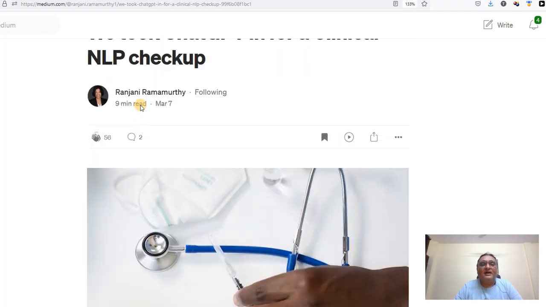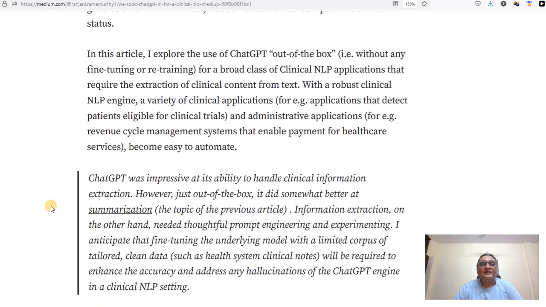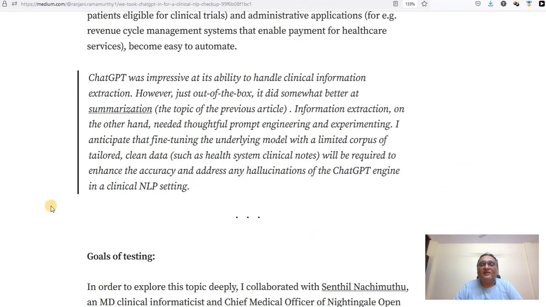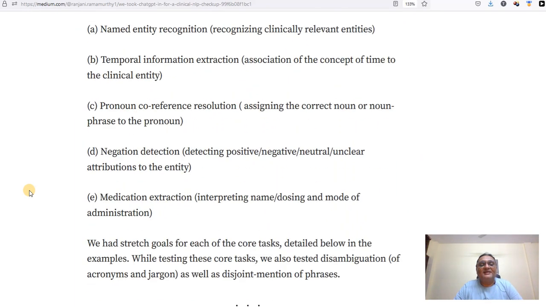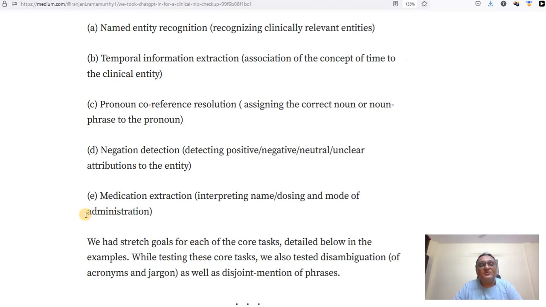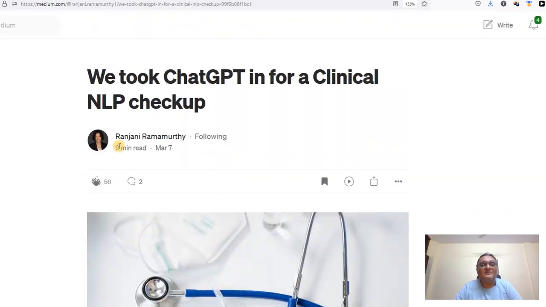But the purpose of this tutorial is that these tools have already far exceeded what we normally believe they can achieve. So today we are taking some difficult prompts, and many of them are heavily borrowed from this blog. So all credit to Miss Ranjani Ramamurthy, who I hope will not mind.